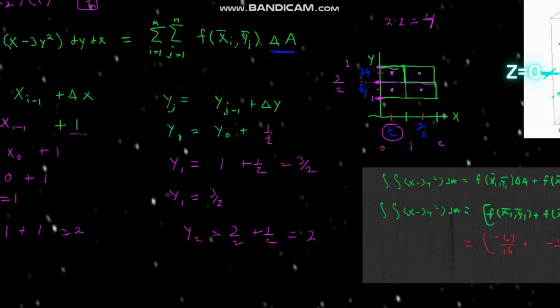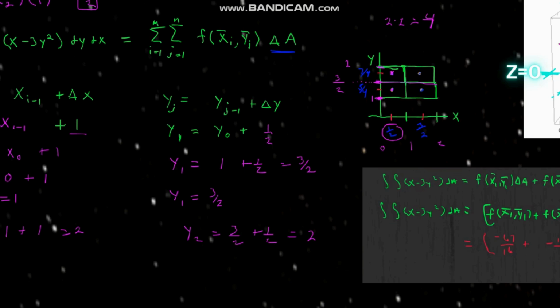For this, our x sub i, we want our x1 point, the next point in line. We know we're starting at 0. So I plug this into my formula, x sub i minus 1 plus our delta x that we calculated. x sub 1 is equal to x sub 0, the initial x0, which is 0, plus our change in x, which is 1.